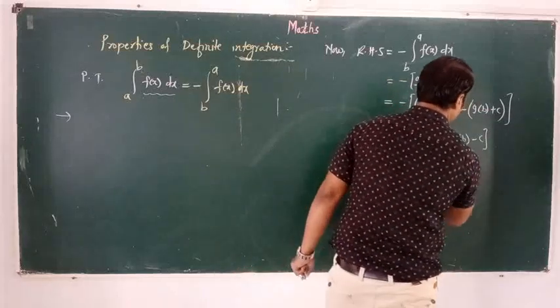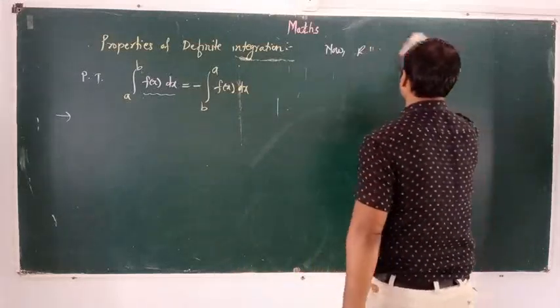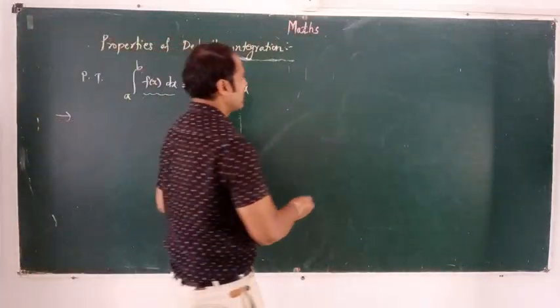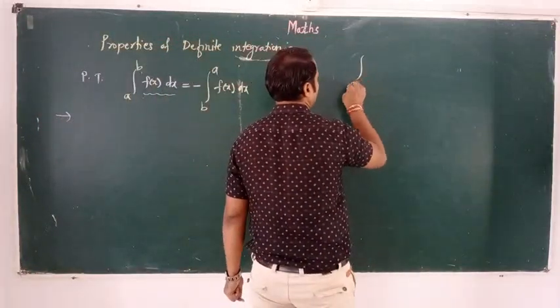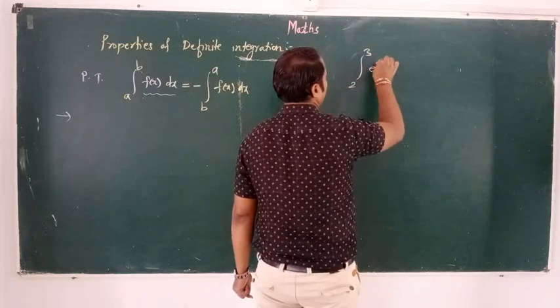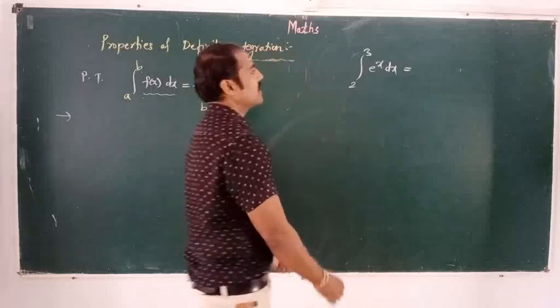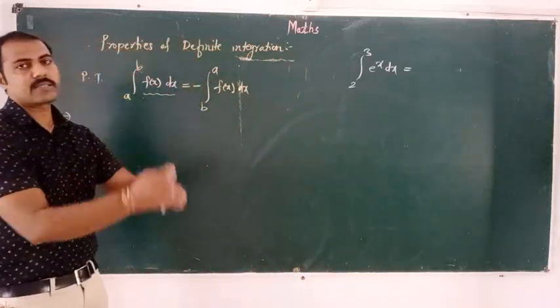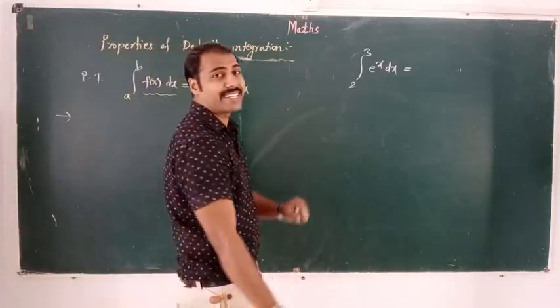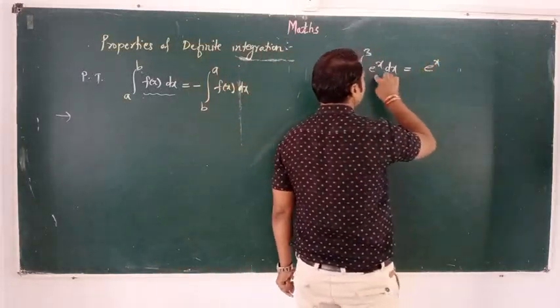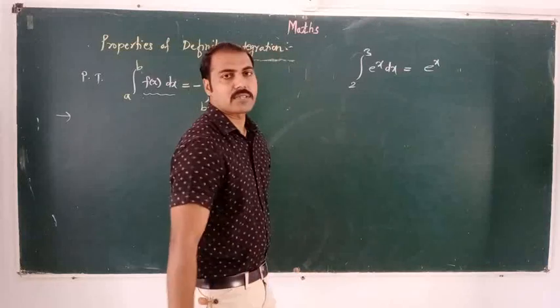For example, integration 2 to 3 e raised to x dx. We know that the integration of e raised to x is e raised to x, so its primitive is e raised to x.